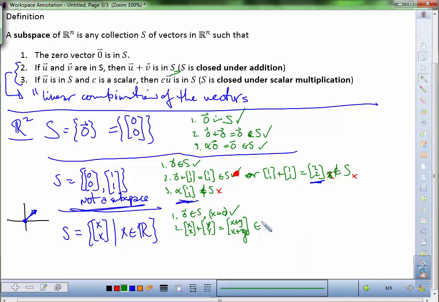So this is, in fact, in S. So this is another check. Now, if I have a scalar like 15 or negative 10, and if I multiply that by some random vector in my set, I will have alpha x and alpha x. And is this in S? So this is in S, so that works out. So now this is a subspace.